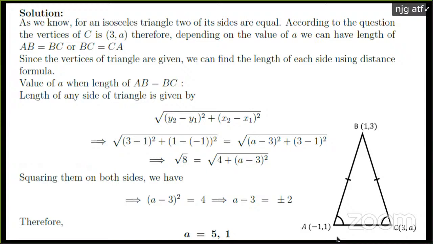The left side is the length of AB and the right side is the length of BC. So if these two are equal, what is the value of a?